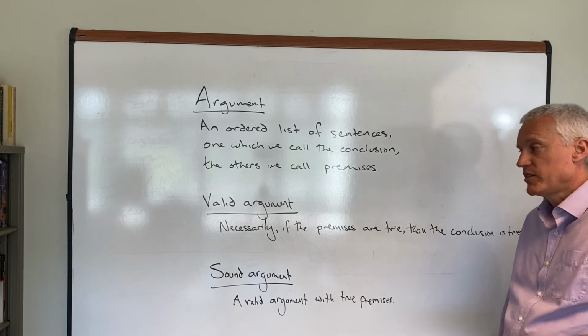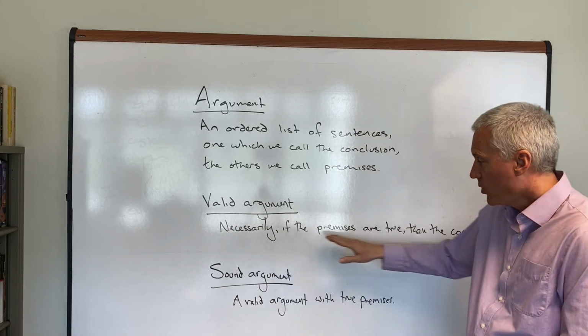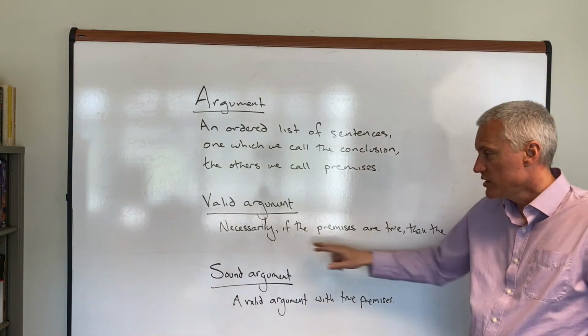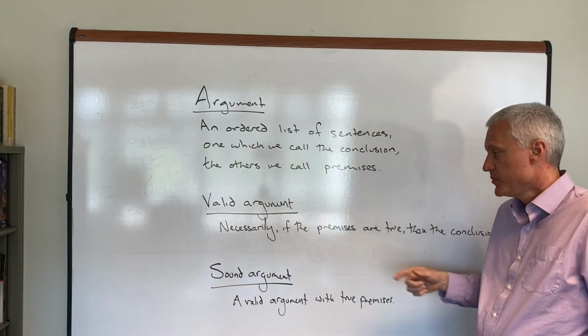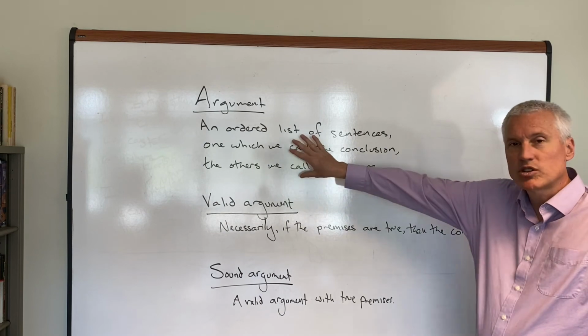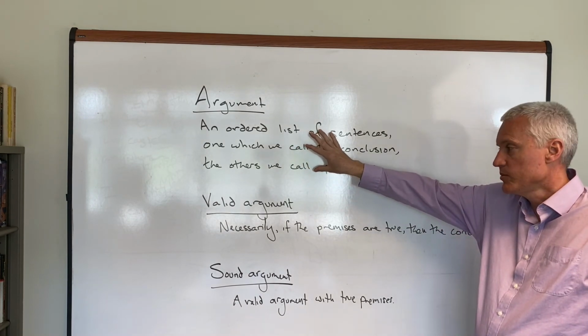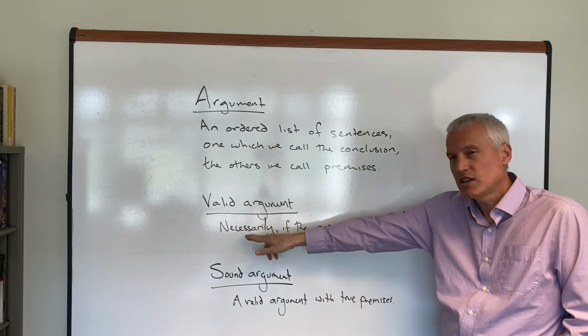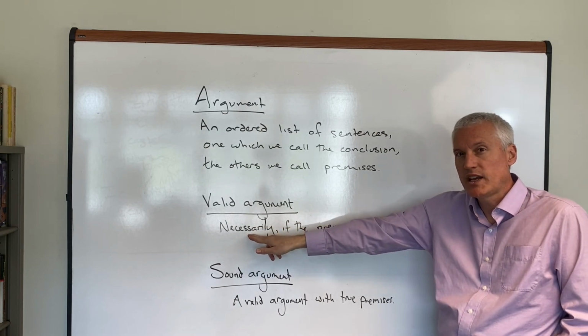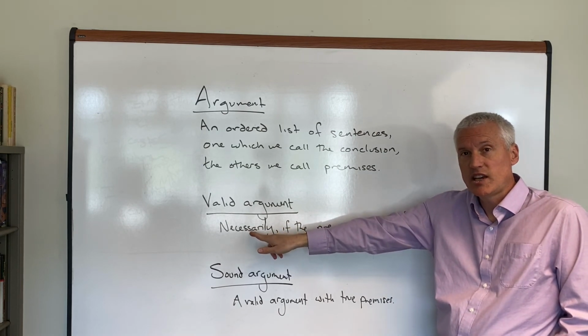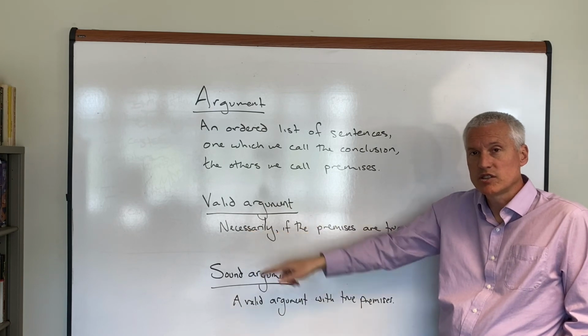Note two things about this. One is, we know what most of the parts mean. You and I know what if-then means. We've defined that. Premises and conclusion are names for kinds of sentences in our argument. The only thing that's unclear here is this necessarily. So I need to analyze that and be able to say in a precise way what necessarily means.